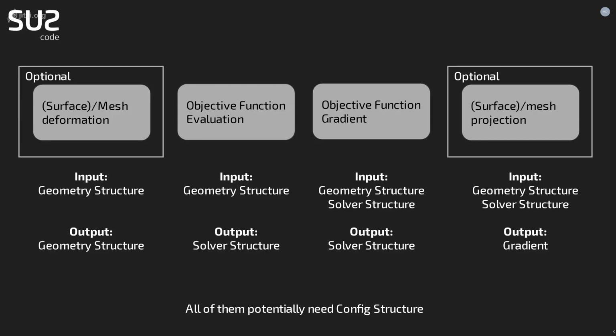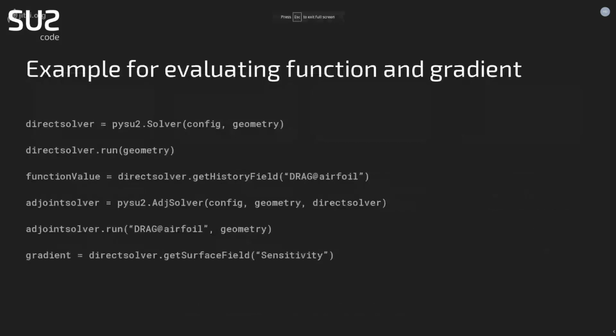Like, write Python code that doesn't work, let's say, and then we go down from there. So this is just a small example of how I would envision evaluating a function and a gradient.